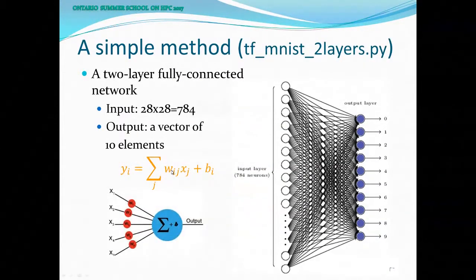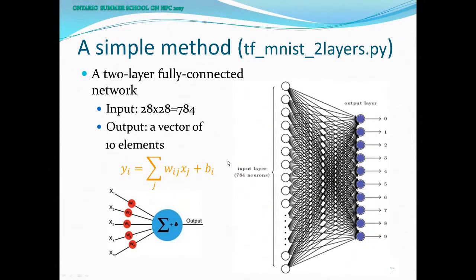The W, which is the weight: on each of the lines, there's a weight. So Wij is the weight from the ith node on the input layer connecting to the jth node on the output layer. That's the weight, and the bias B is for each output node.